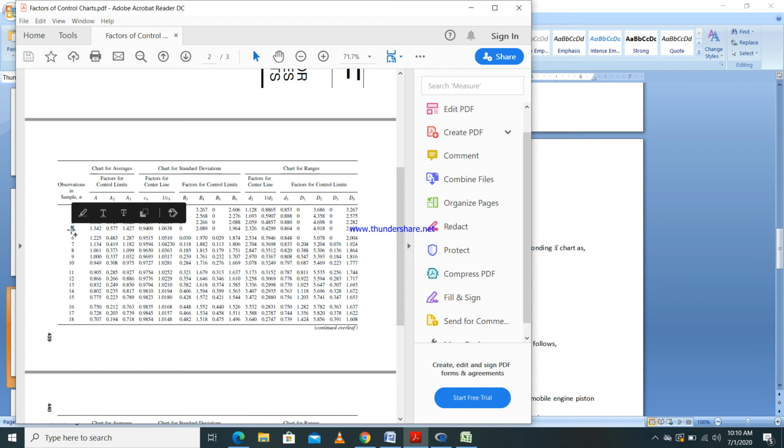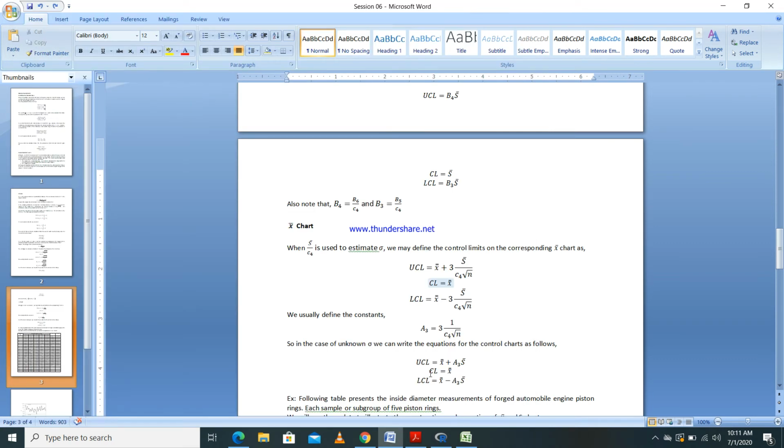You have monitored your process throughout 25 days by taking samples of size 5, so you have to read 5 from the table. When you read 5 from the table and look at the B4 value, you have 2.089. So I will write the B4 value here.